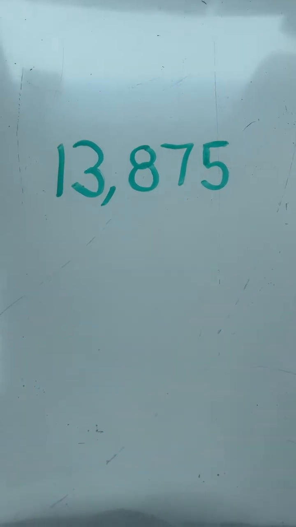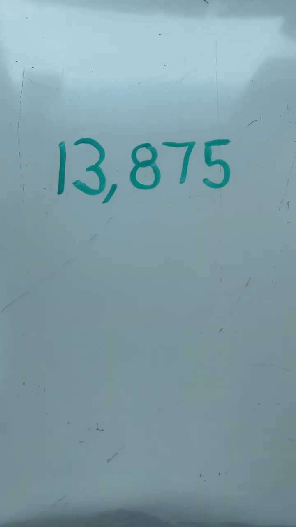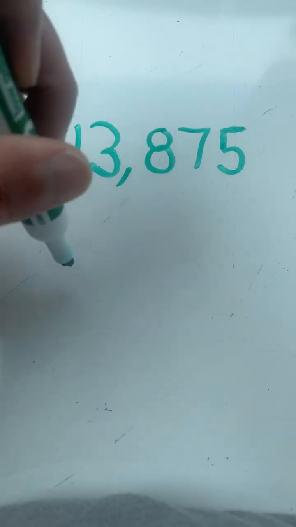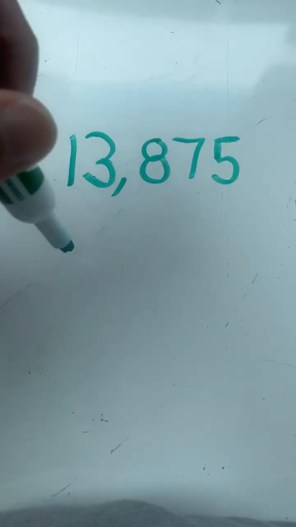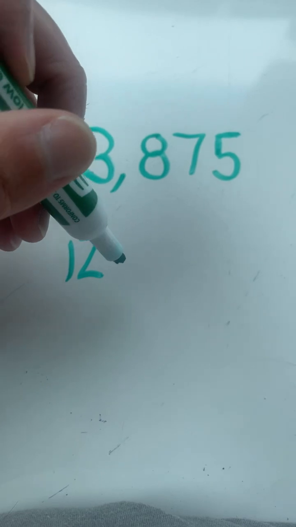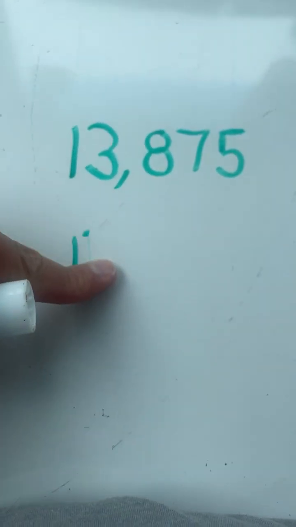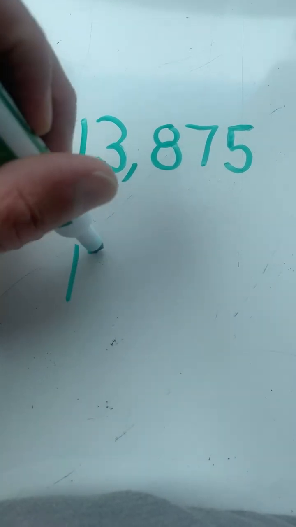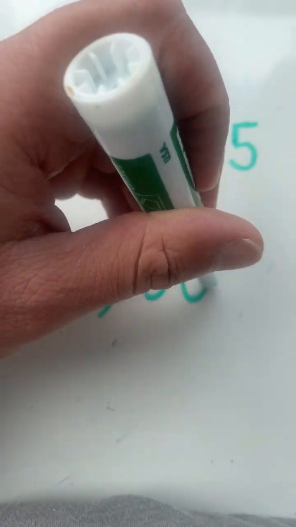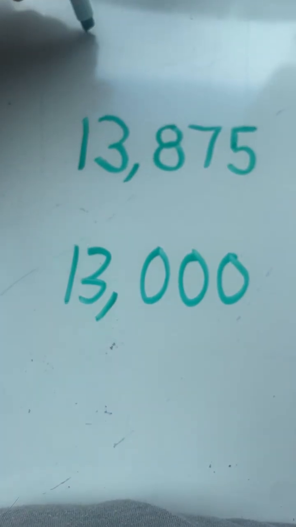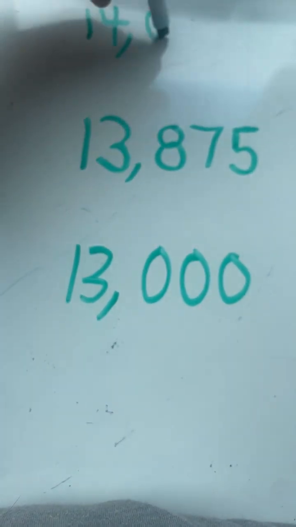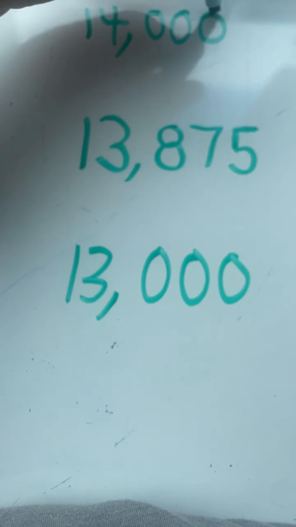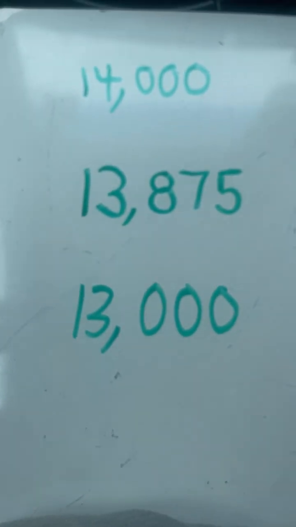The two closest numbers to 13,875, if we're looking at thousands: this number is between 13,000 and 14,000. Oh, my mistake, I first said 12,000. So those are our two options here.